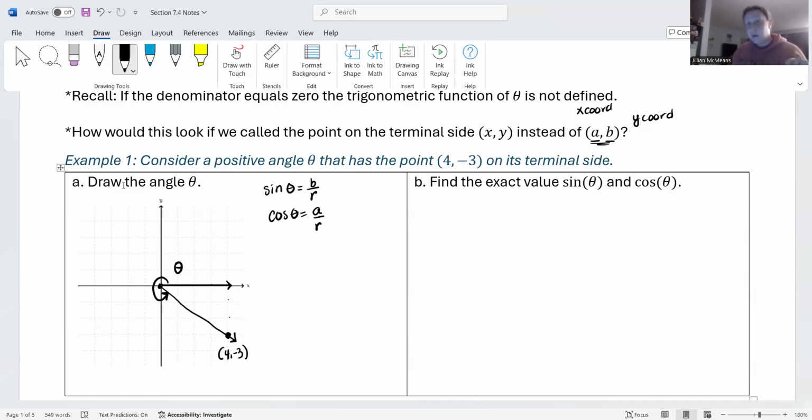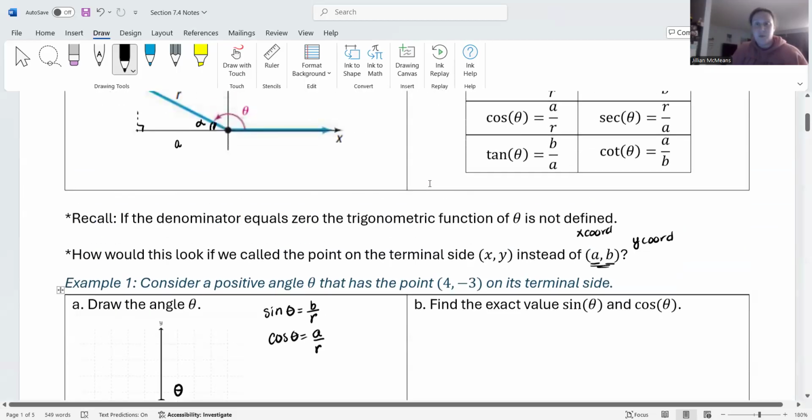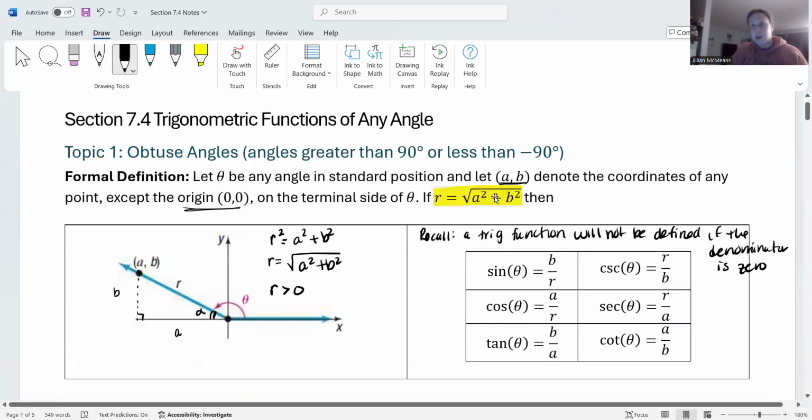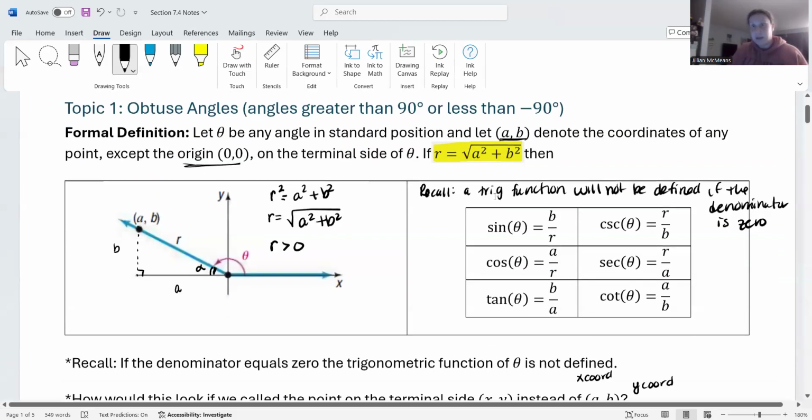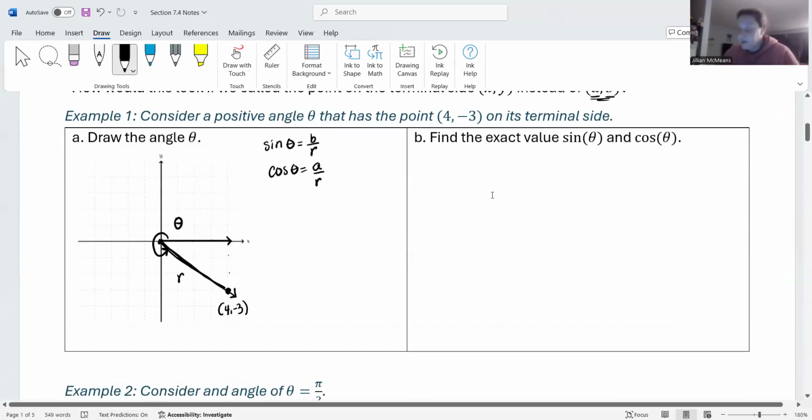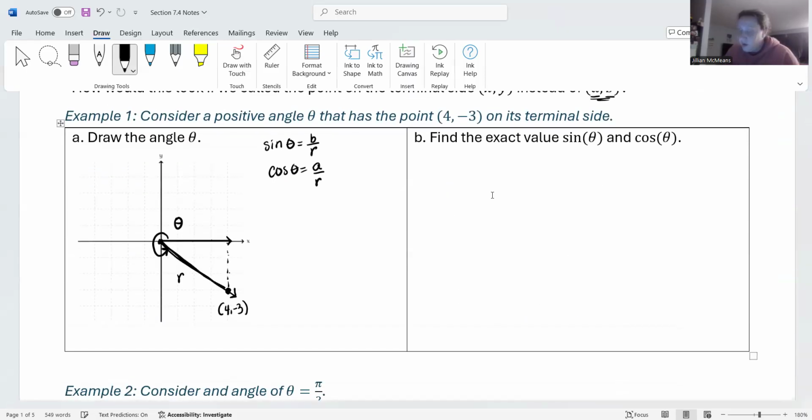And remember, the value of r is the distance from the origin to your ordered pair, okay? So we're looking for this distance right here. This is r. Now, we can find this just by remembering this definition. Hey, r is the square root of a squared plus b squared. That's fine. You can also just think of this as a right triangle, where this is 4, this is -3.